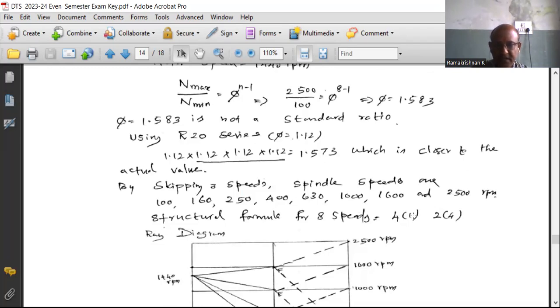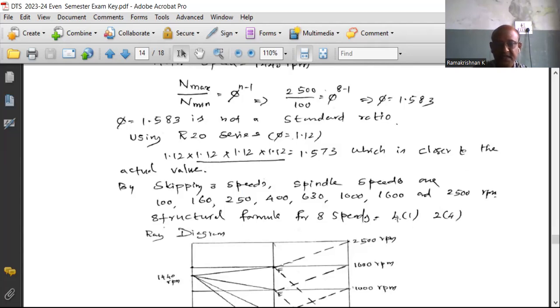For all gearboxes, the input speed is 1, that is the motor. So 4 into 1 is the first stage. In the second stage, we write the 2, that is 2 output speeds. Here within the bracket we have to put the number. Here the first stage is 4 and 1. So 4 multiplied by 1 is 4. Here you write the 4.